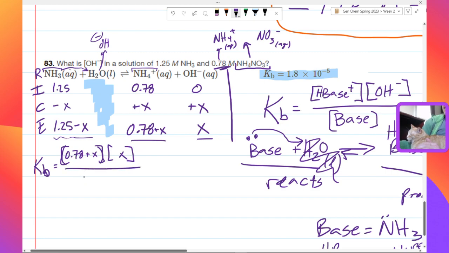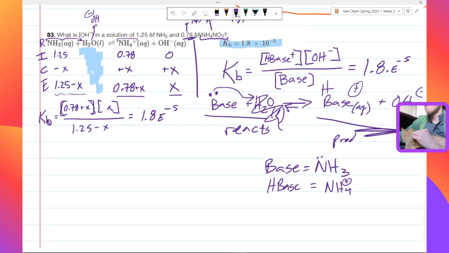So this is from here the exact same thing as last time, but let's do it anyway. So we've got 1.25, and we've been told that this equals this based on experimentation.